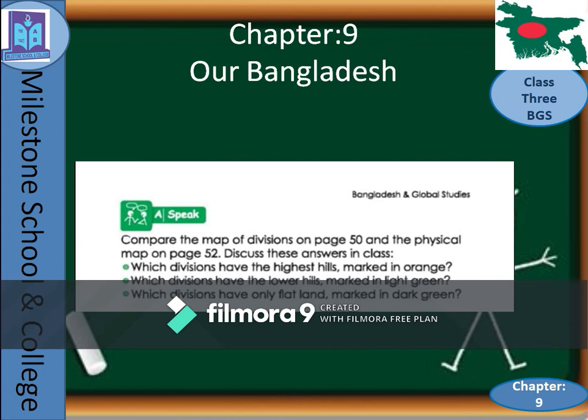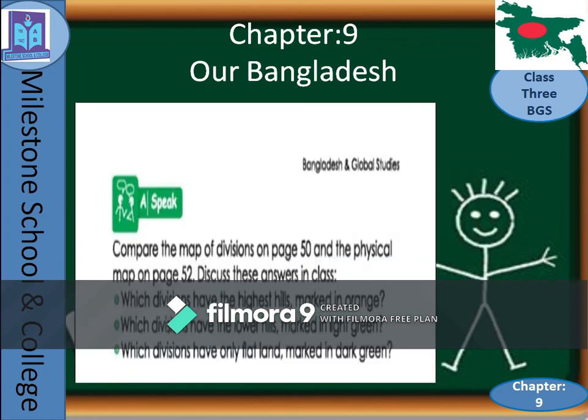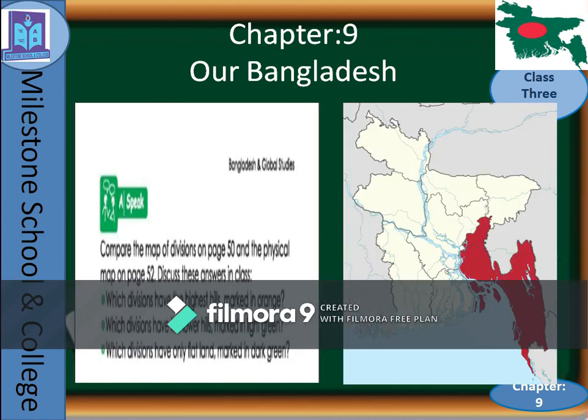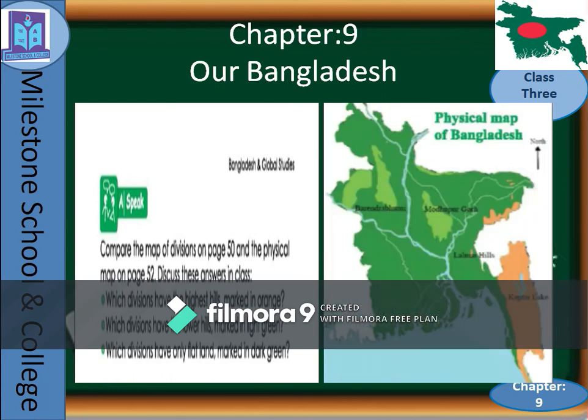Okay. Which divisions have lower hills? This is the picture of Chattogram division. The lower hills areas marked in this map are in Rajshahi division and Dhaka division, and a very few part of Mymensingh division.